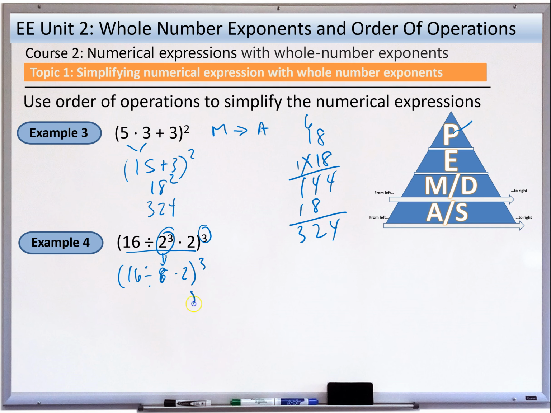Still not done, so we can't cube anything yet. 16 divided by 8 is 2, times 2. Now I'm going to take 4 to the power of 3, which is 64. Okay, so we're going to stop right here and finish up when we come back.